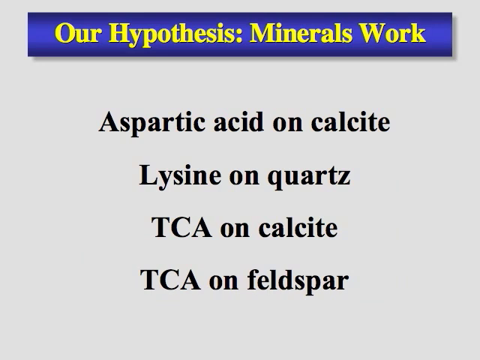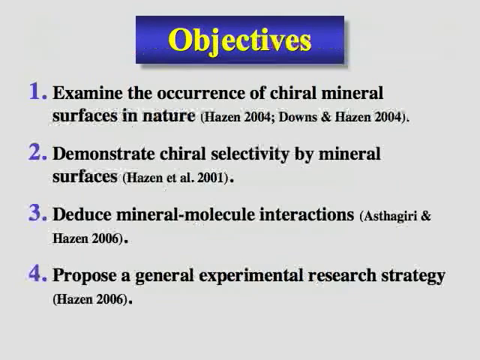Today I'm going to do four things. First, I'm going to examine the occurrence of chiral mineral surfaces in nature. How common are they? What is the likelihood that in a geochemical environment you're going to find a chiral surface? I'm then going to look at this process, chiral selectivity, and demonstrate experimentally that selection occurs. Left and right-handed molecules can be separated by minerals.